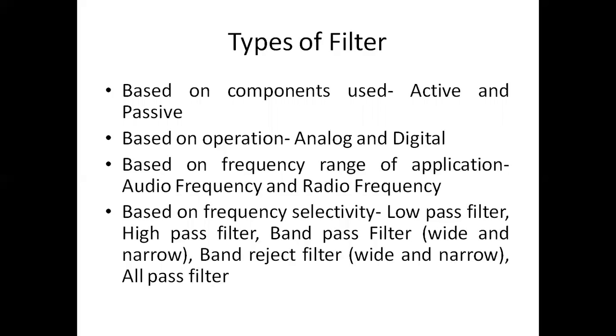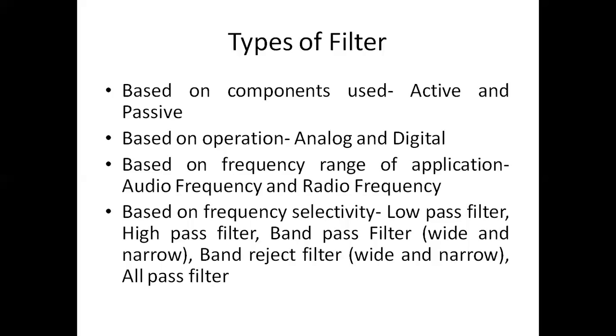Here the active component used is one op-amp, which is used in addition to resistors and capacitors. That is why the filter we are designing is known as an active filter. Coming to a passive filter, the filter which uses only passive components like resistors and capacitors for its construction is known as a passive filter.